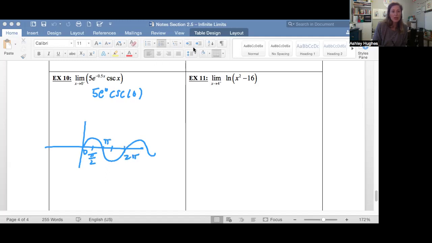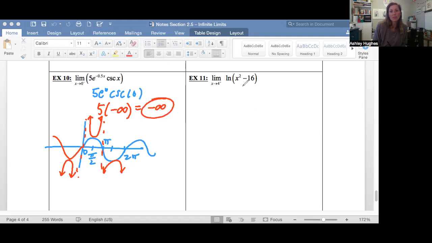And what's happening is the reciprocal is going to make these guys the asymptotes. And these guys look like this. So we're coming from the left of 0, which is on this side, and that would be going down, down, down to negative infinity. And so I have 5 times negative infinity, which is going to be negative infinity.